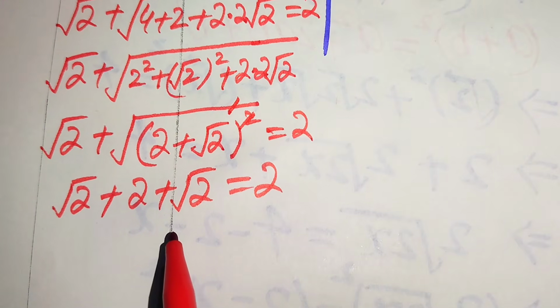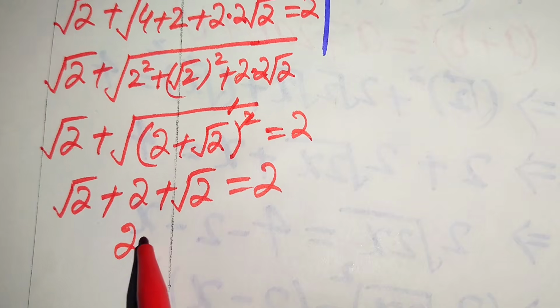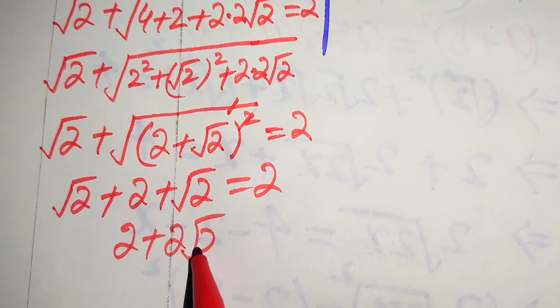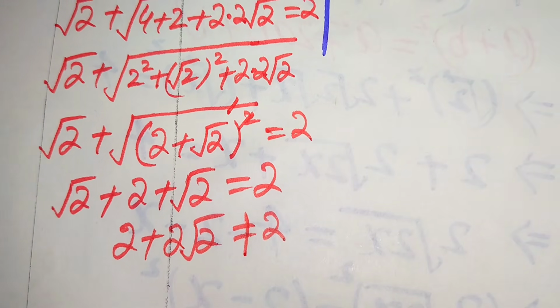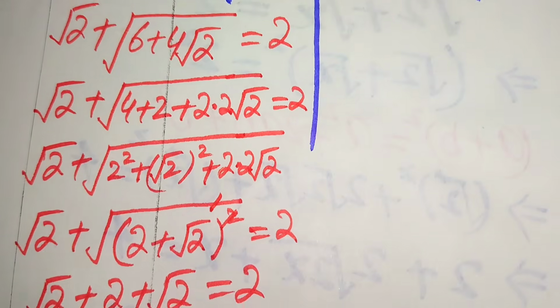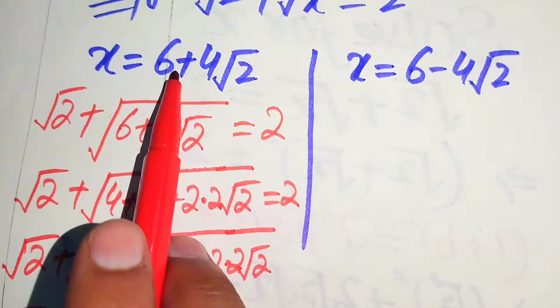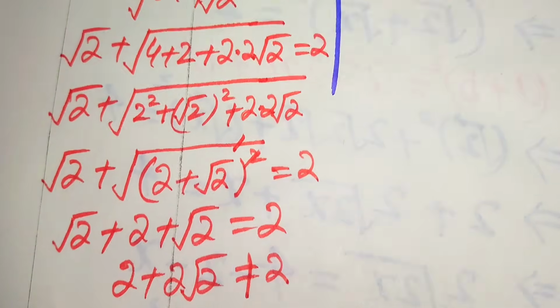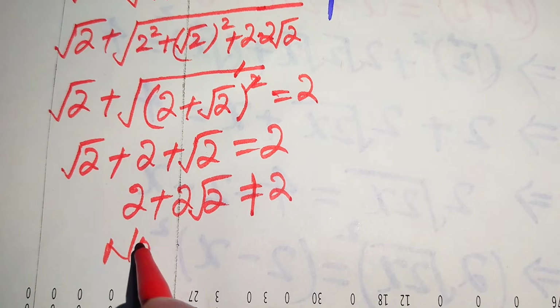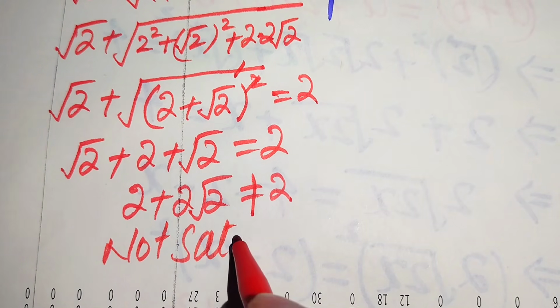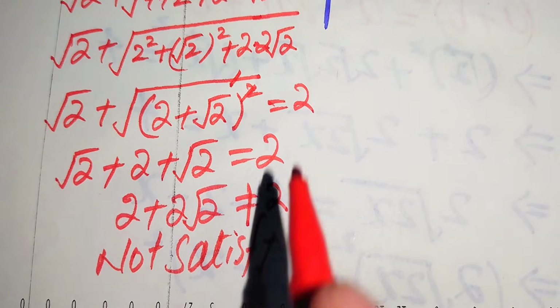So this shows that 2 plus 2 times square root of 2 equals 2. So these two are not equal. It means that the value x equals 6 plus 4 times square root of 2 does not satisfy our given question statement. Okay, so this is not a solution.